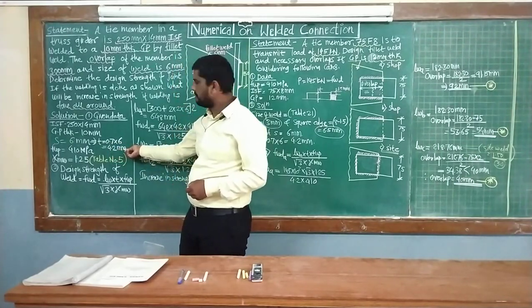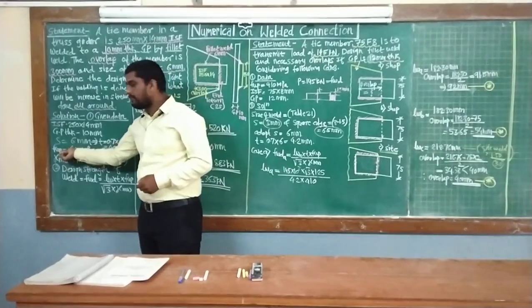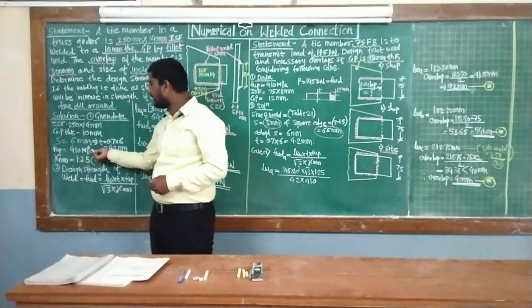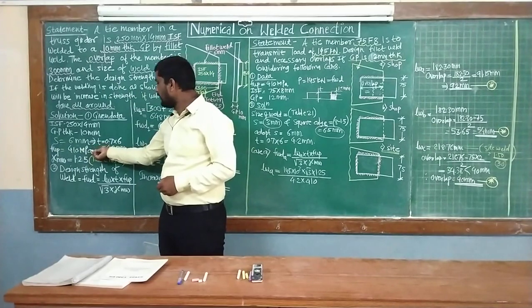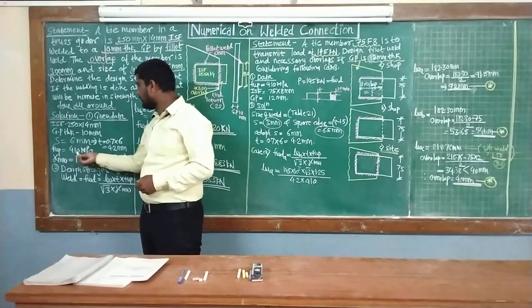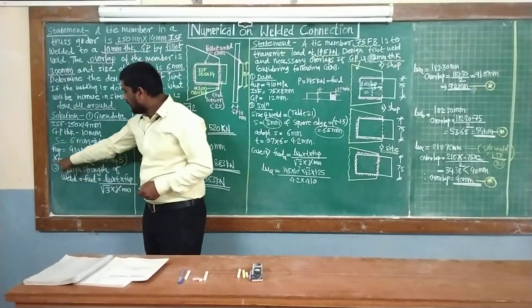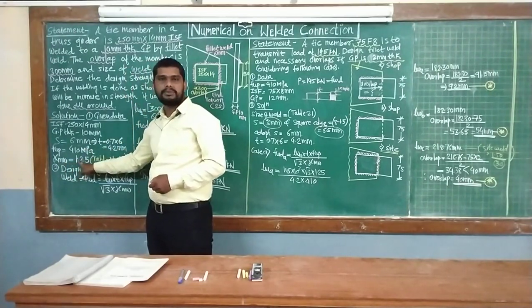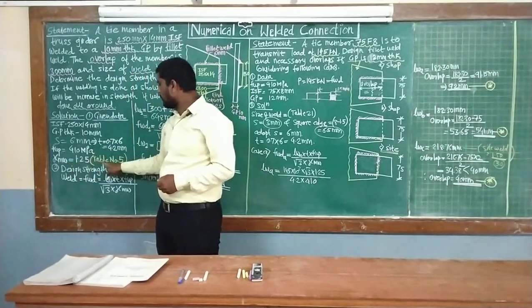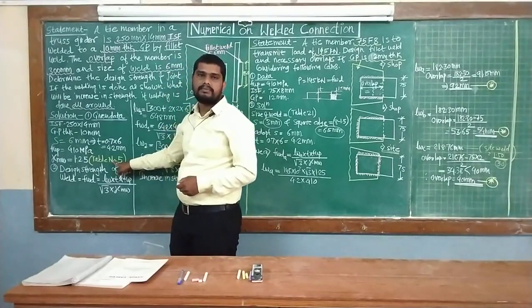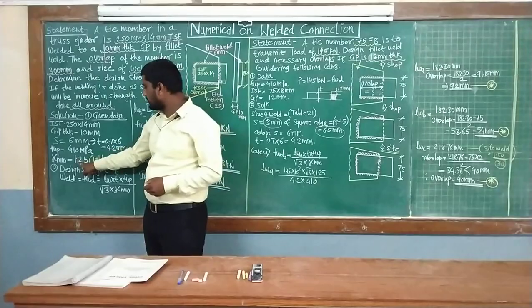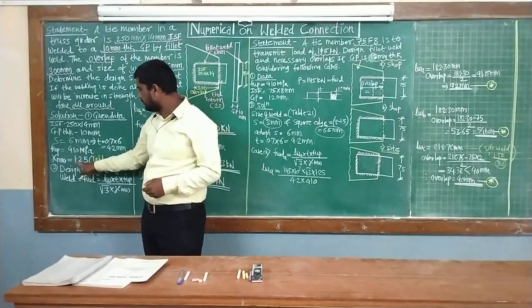Then fu, that is the ultimate tensile strength for this plate, 410 Newton per mm square, is given. Then gamma m0 we are going to choose from Table number 5 of IS 800:2007. So we get the answer 1.25.